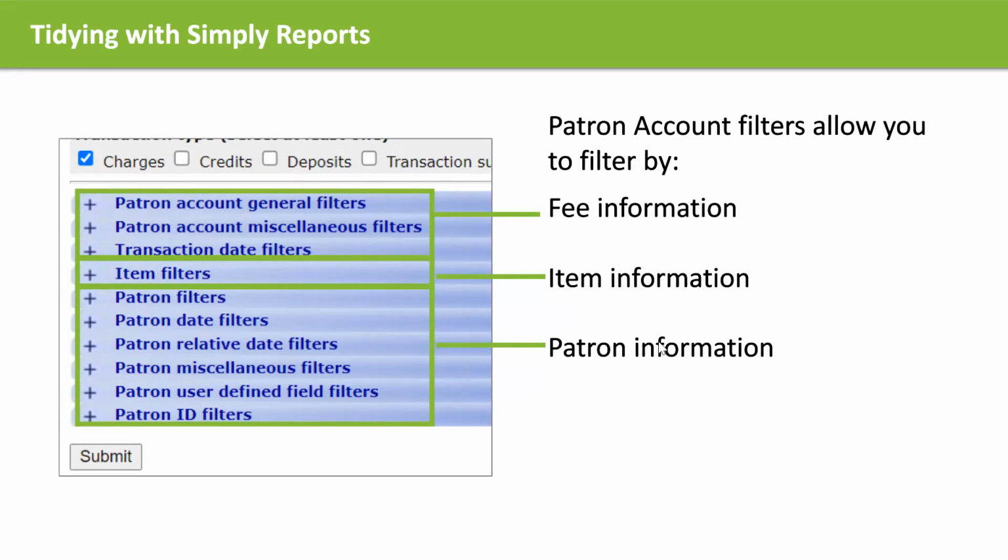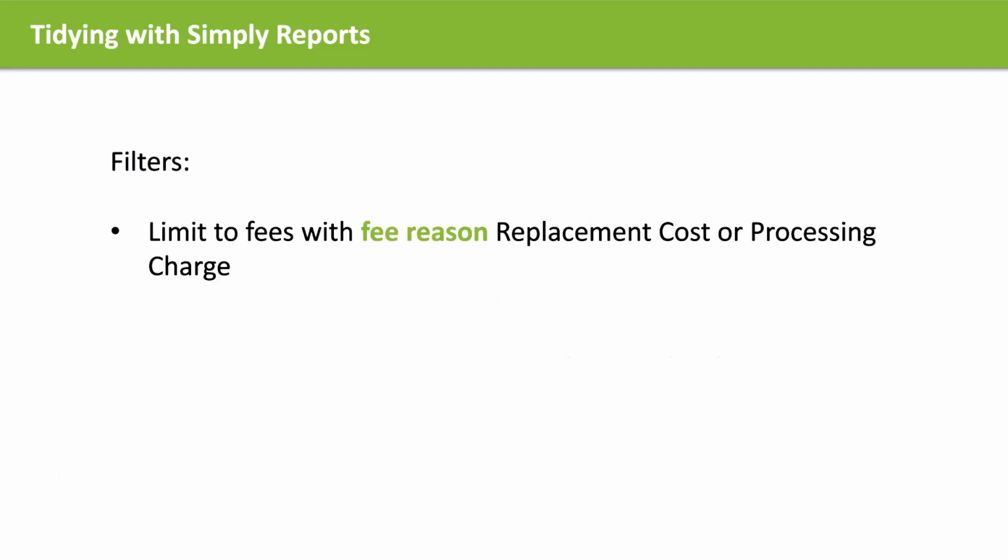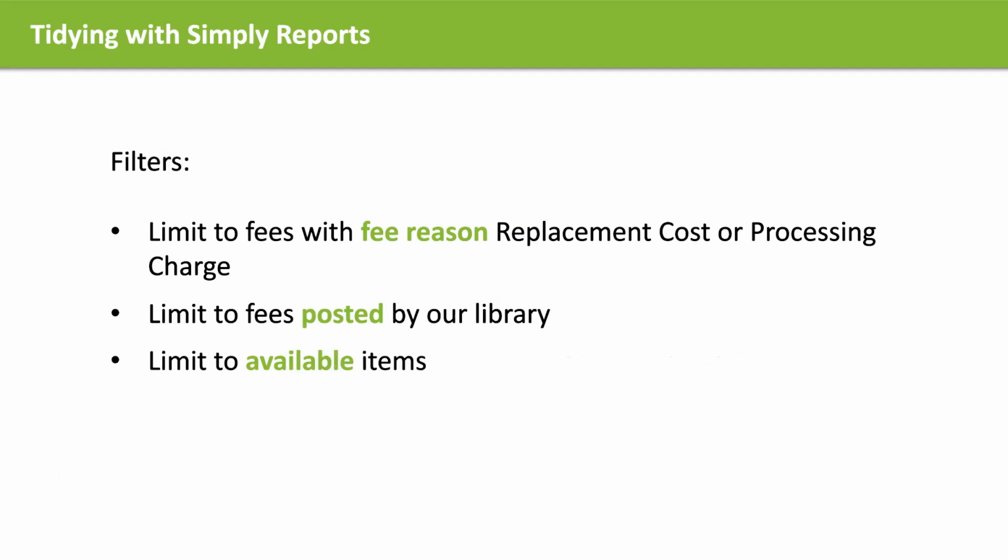And then finally, ones that allow us to filter based on patron qualities, which are the filter groups that start with patron. So our report is going to look for replacement or processing fees, posted by our library, unavailable items belonging to our library. And we're using that set just so we can stick to the most straightforward types of transactions.